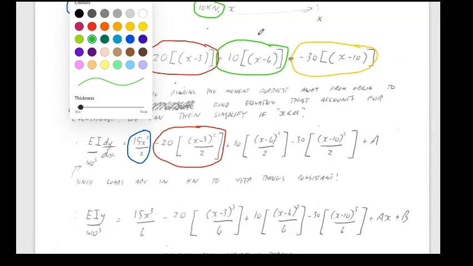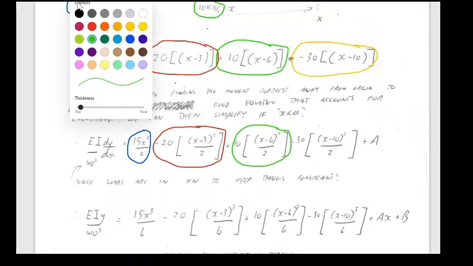This next term, this green term, we've got 10, again it's the Macaulay's term, 10 times x minus 6. So instead of expanding all of those terms and integrating them individually with respect to x and then factorizing them, we're just going to say 10 times x minus 6 becomes 10 times x minus 6 squared over 2.